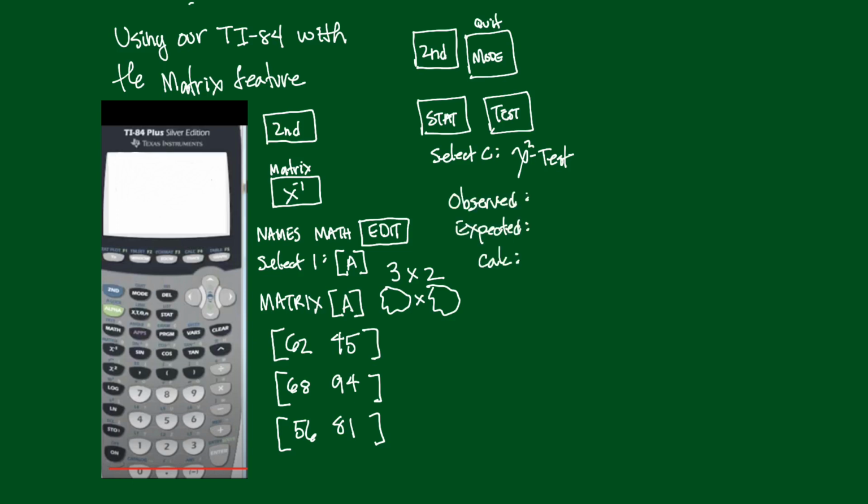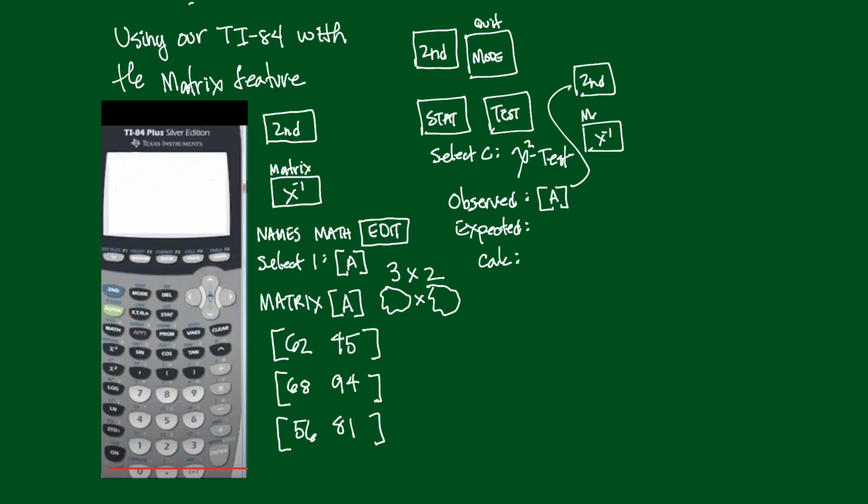Now what comes up is observed, expected, and calculate. All right, now where did we put our observed? We put that into matrix A. So if it's not already there, you'll have to go get matrix A. So here's how you get there. You're going to press second, and then, down here is that x to the -1 key.